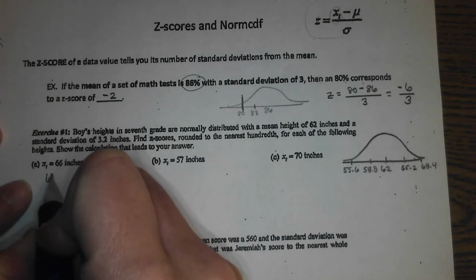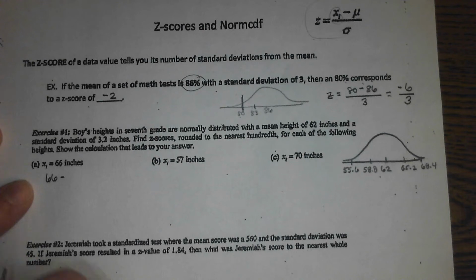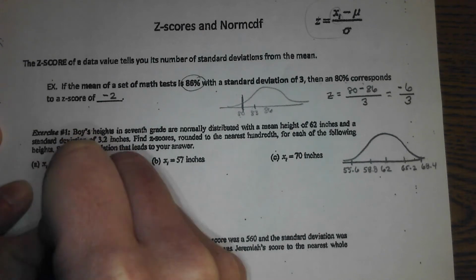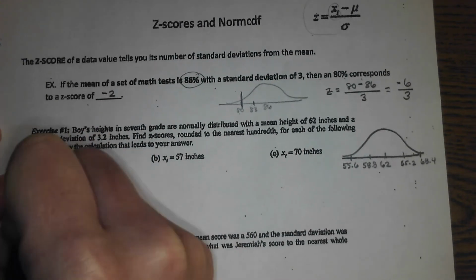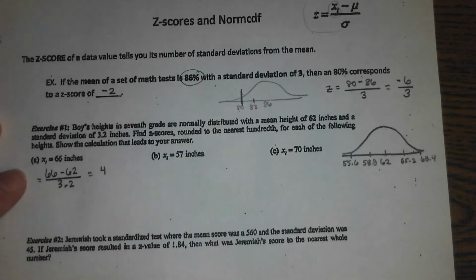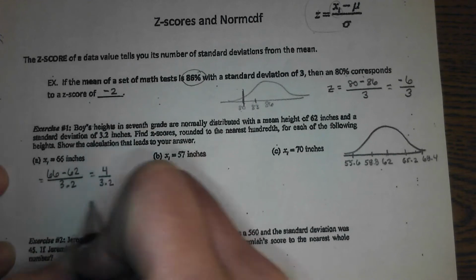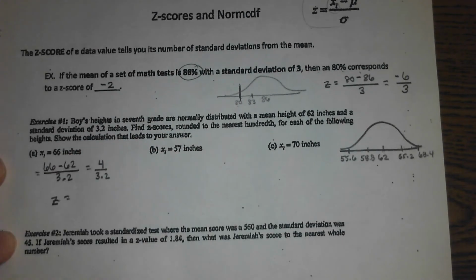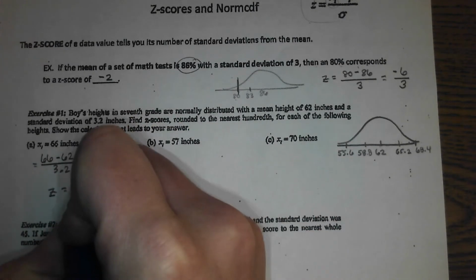So 66 is the data point, minus the average of 62, all over the standard deviation of 3.2. So this is 4 units above the average, which is why we get a positive 4, divided by 3.2, and that z-score is a little over 1, right? 3.2 goes into 4 a little over 1. 1.25.